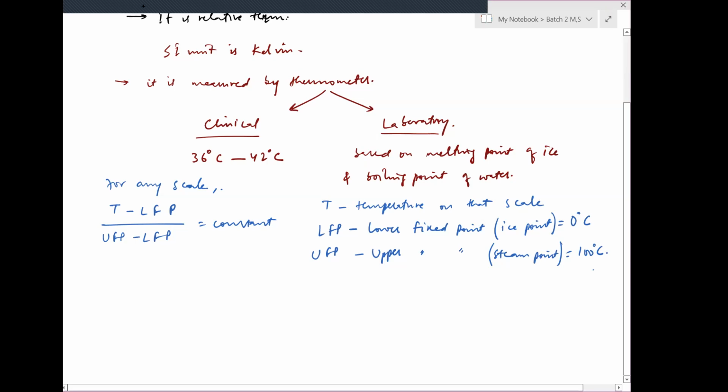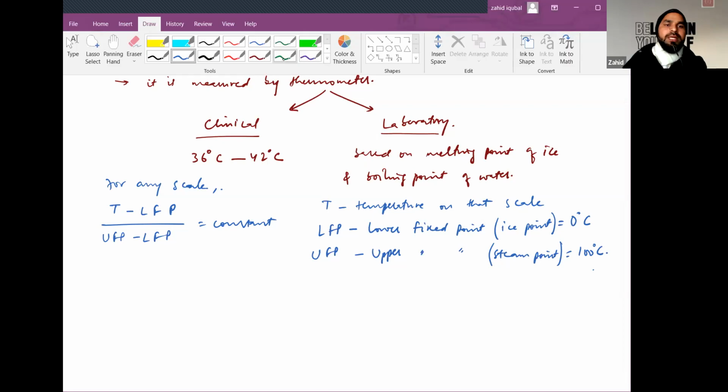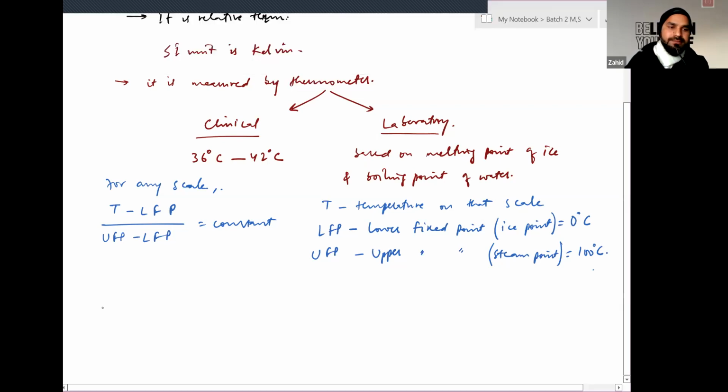Yes. Now let me define you this formula related to any different scale. So we may write (T minus LFP) divided by (UFP minus LFP).